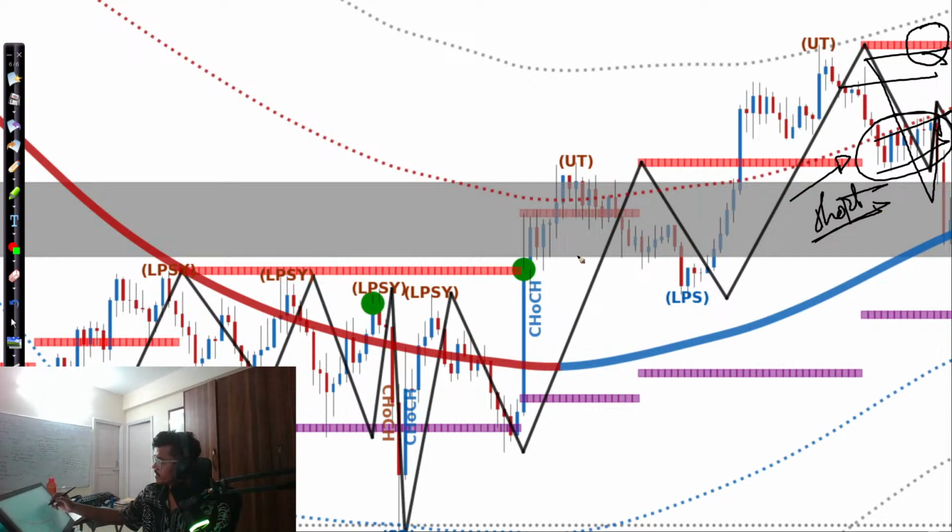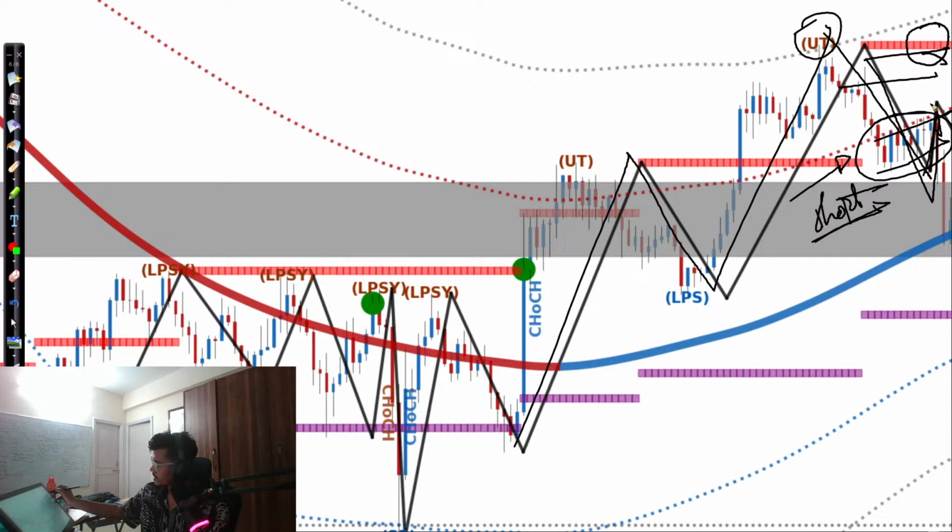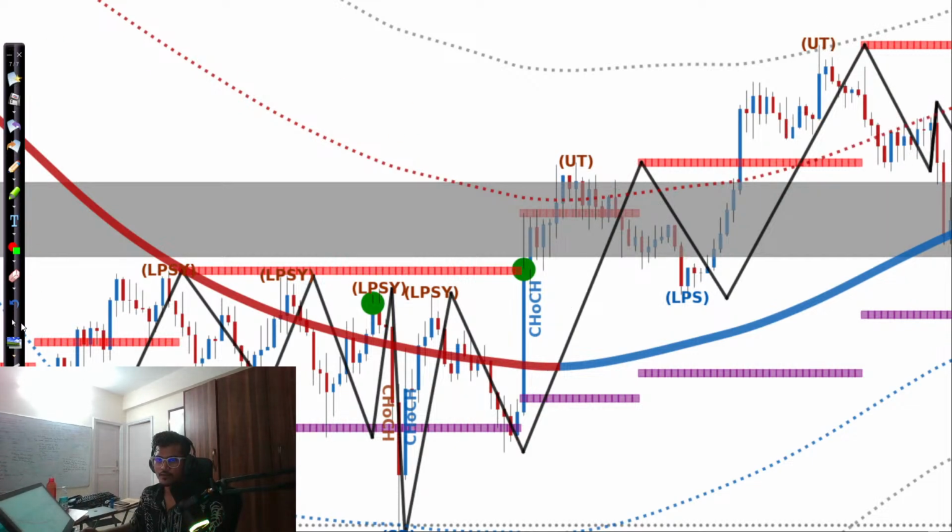Now if you are coming from there, this is our optimal trade entry, okay, for a short position.